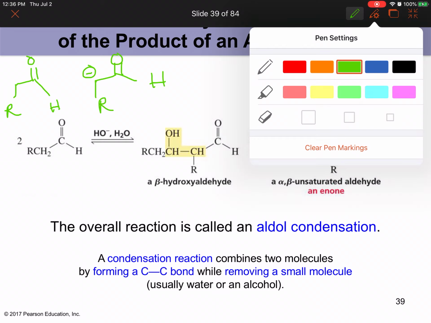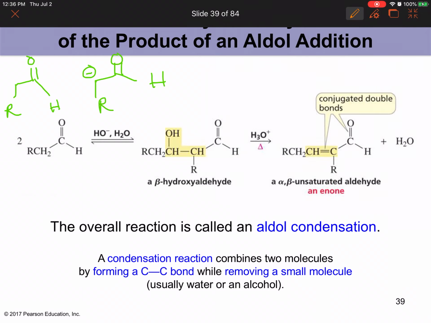Now, how is the bond going to form? The bond is going to form between here, right? Nucleophilic attack. You are going to form a bond, and then the carbon-oxygen bond will open up. I'm not drawing the mechanism, I'm just showing you where the connection is going to happen.